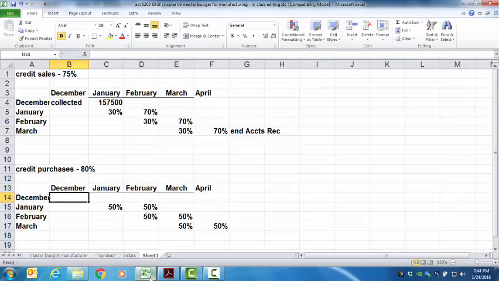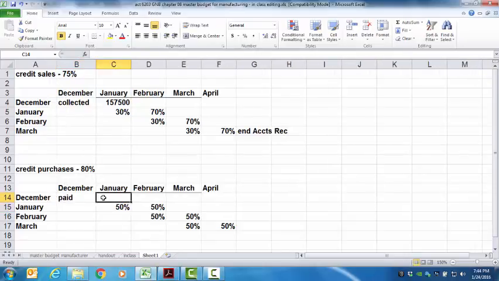Now remember, December is known data, and these credit purchases, well, they've been paid. But these over here, the other half, is to be paid in January. Now, since, again, December is known data, I don't have to do this estimation of, well, 50%.